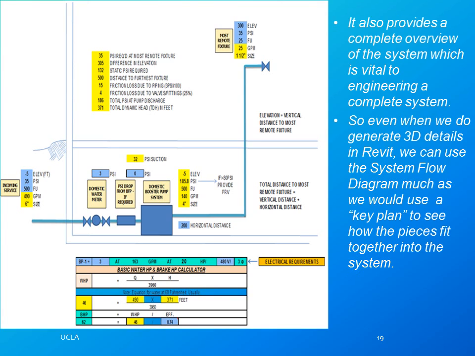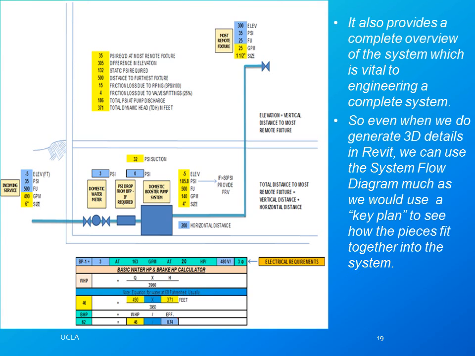Now, if we take a look here, we see in this case, I have the blue boxes that we fill in. The yellow boxes are filled in by Excel as it calculates and picks up information from the other boxes. So you can see that here, by doing it this way, we can also calculate the pressures for the pump and the horsepowers and GPMs.